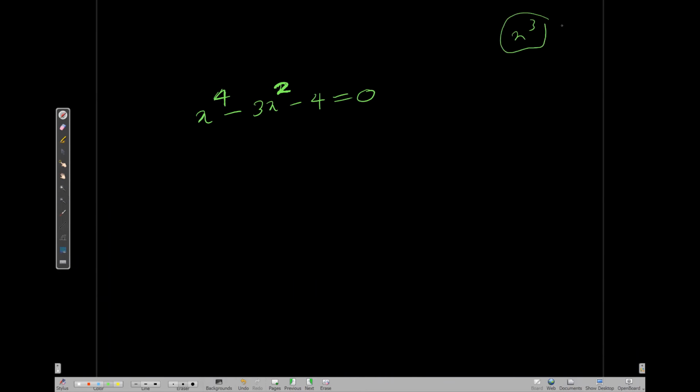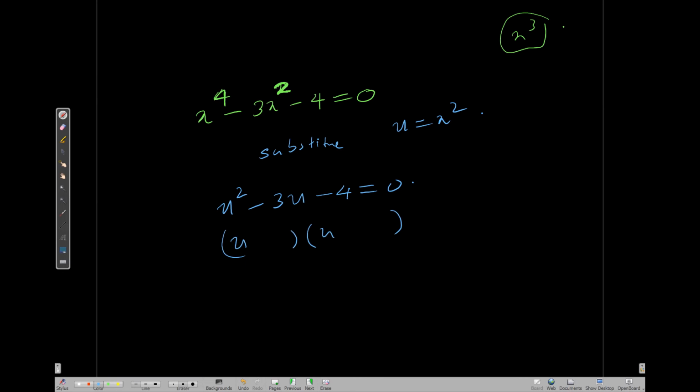That is nice. Because of that, what you can do is substitute. Simple substitution. How about u equals x squared? If I do that, x to the fourth is actually u squared. Minus 3 times x squared is u. Minus 4 equals 0. Now, this is a quadratic equation in u. So we have factors u plus 1, u minus 4 equals 0.